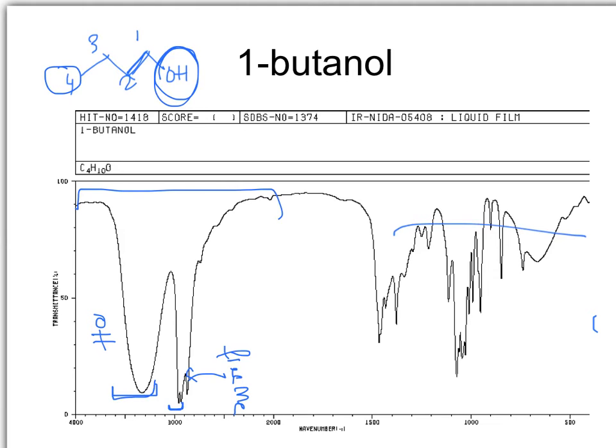I have all the peaks that should be present in 1-butanol. So this is an IR spectrum that will pass for 1-butanol. Now the C single bond O should be in the 1100 region, and there is a strong peak right over here. So we do have the peaks that we desire.